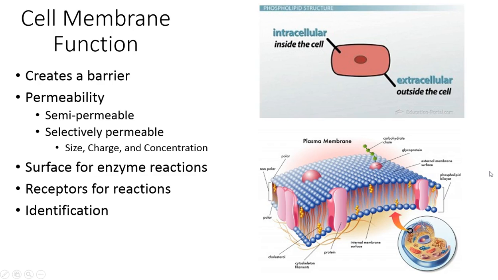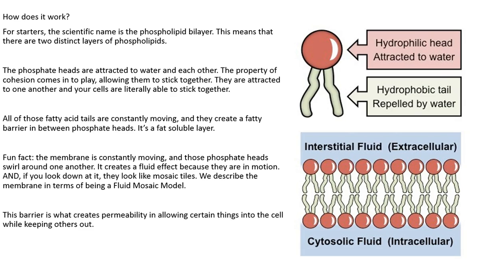These allow cells to communicate with each other, and they also allow them to be identified, whether I'm talking about a blood type or the type of cell itself. These are the functions of the cell membrane: barrier, permeability, surface area for enzyme reactions. It has receptors for other reactions, and we need it for identification, and each one of these is important.